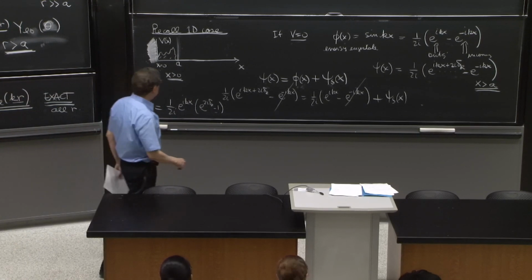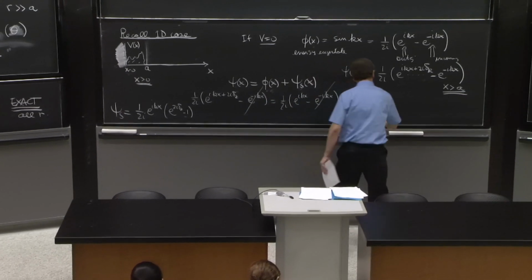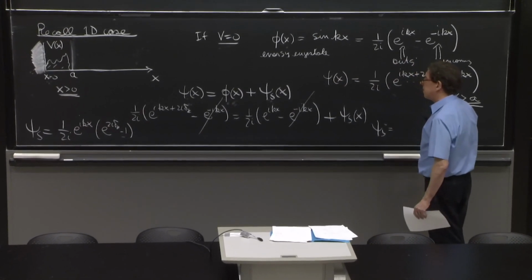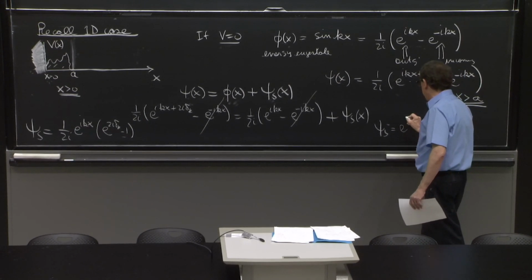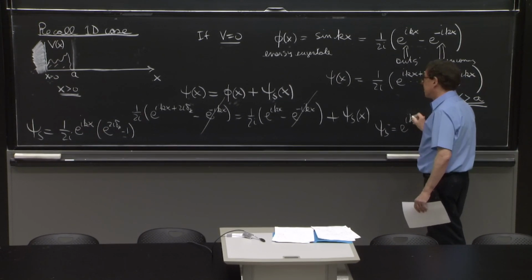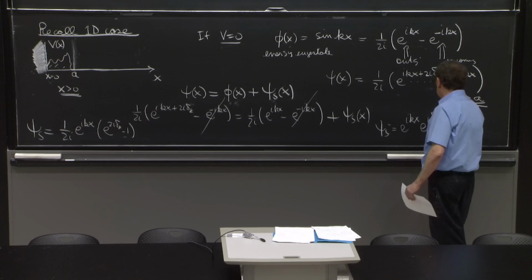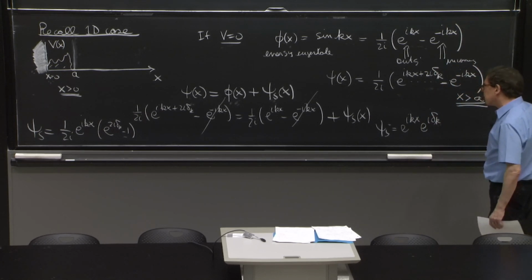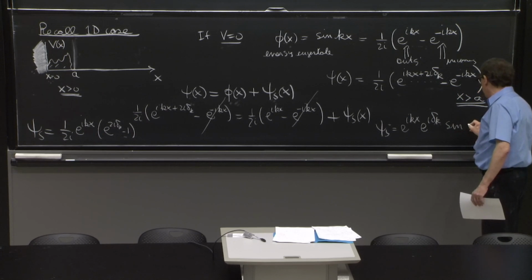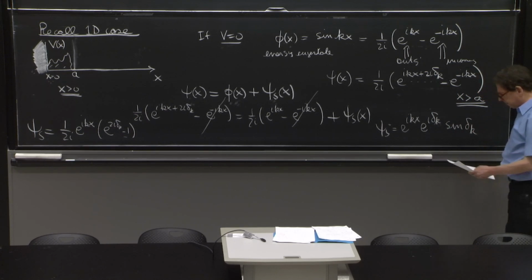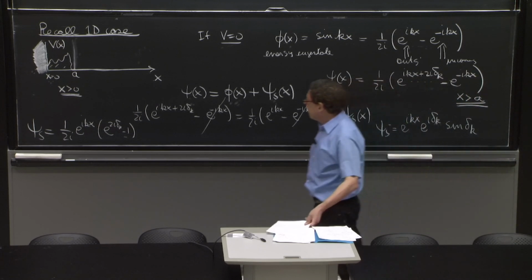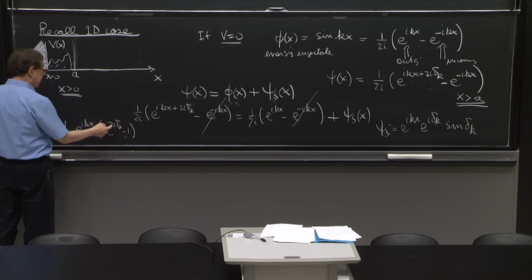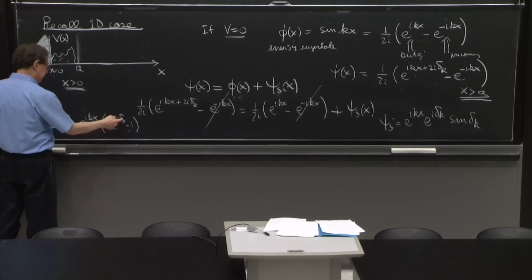I'll write it here. There's a little bit of space. Psi s is e to the I kx, e to the I delta k, sine of delta k. I factor out e to the I delta k.